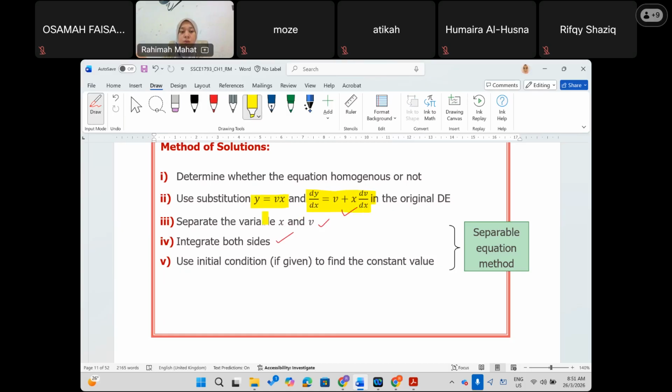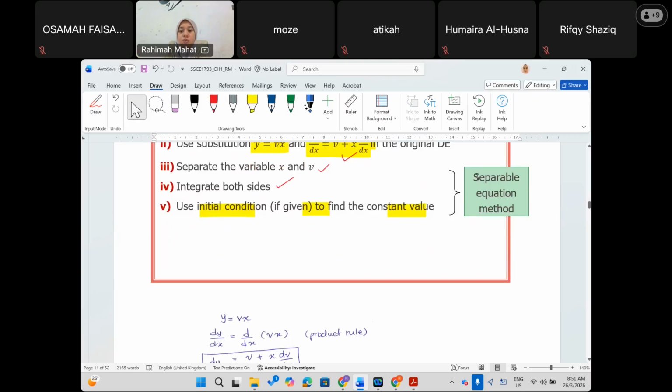You need to separate x and v, integrate both sides, and use the initial condition, if given, to find the constant value. That is what we call the separable equation method.